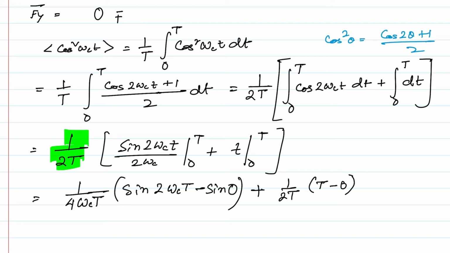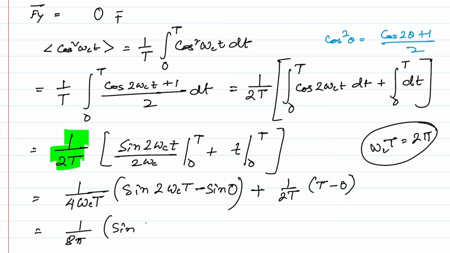Then we can use omega c capital T is twice pi. So let us use this. Then it becomes 1 by 8 pi, and here it will be sine 4 pi, sine 0 is 0, then plus 1 by 2T into T, here you see this T is gone.